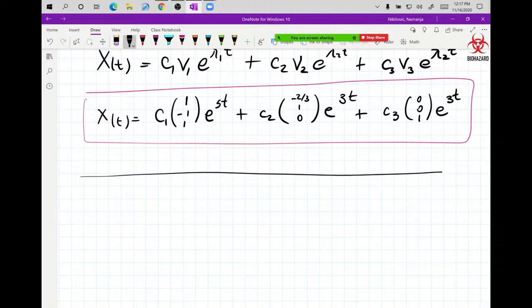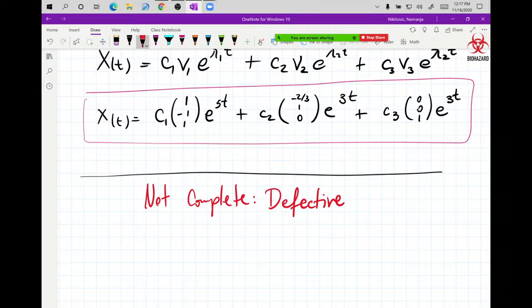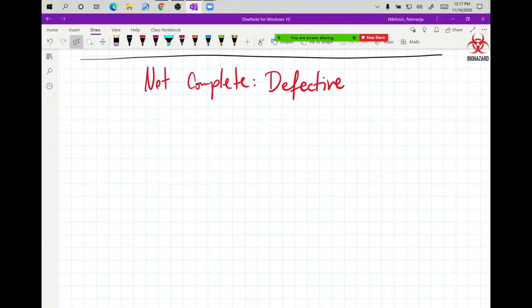Defective solutions, right? Defective cases where the system is not complete. So what do I have as a defective system? Well, now I am going to come up with this, but I'm not going to have the opportunity to pick whatever you want for the second value.